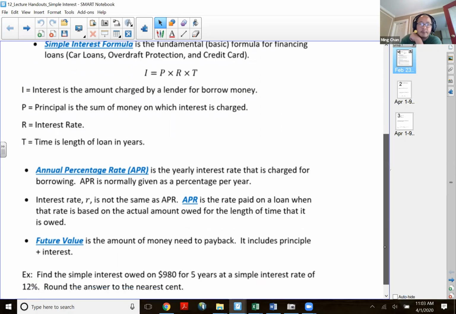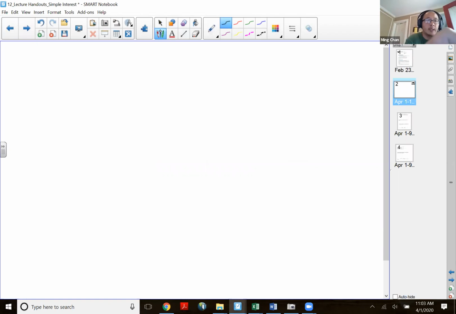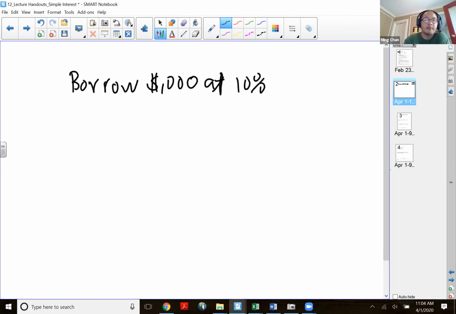So for example, I'm gonna go to another page here. Let's assume we're gonna borrow $1,000 at a 10% interest rate R for 2 years.